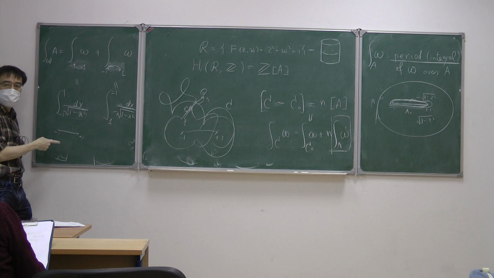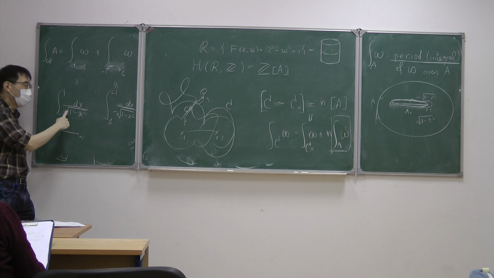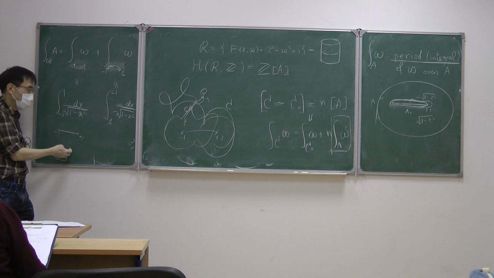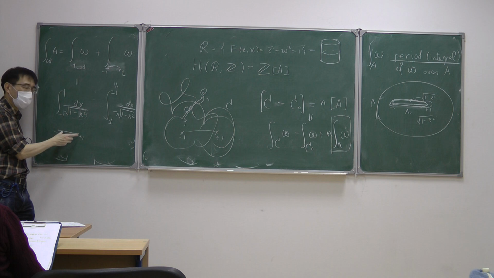We are now in the real world, so our 1 minus x squared is a positive number because x is between -1 and 1.